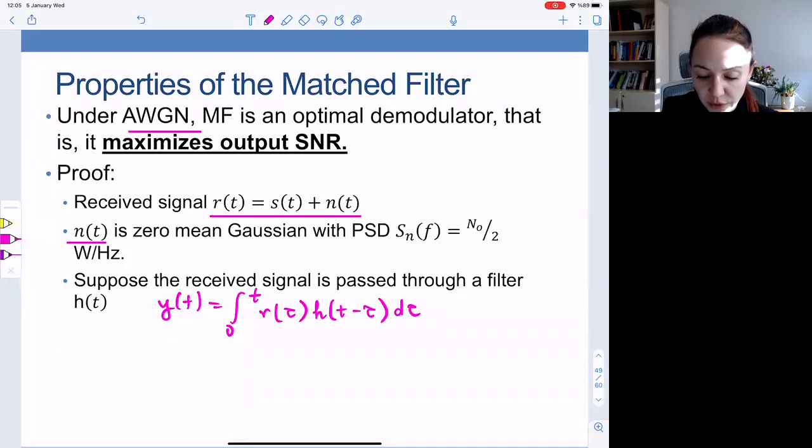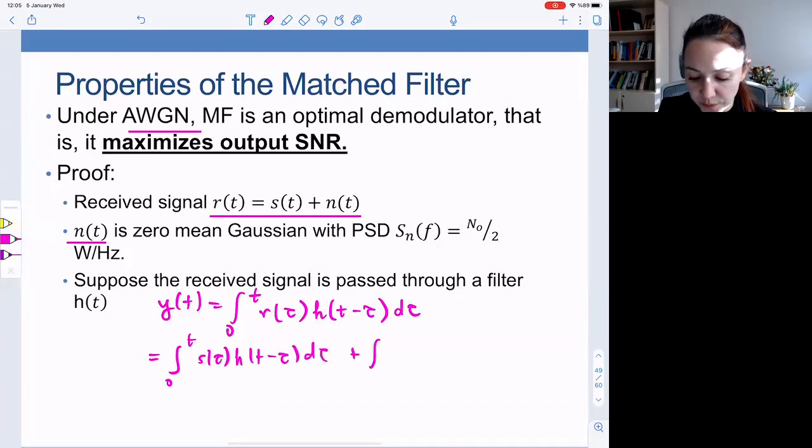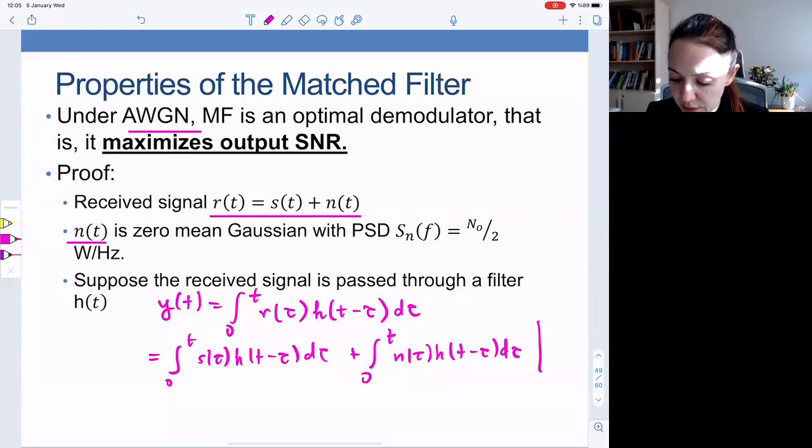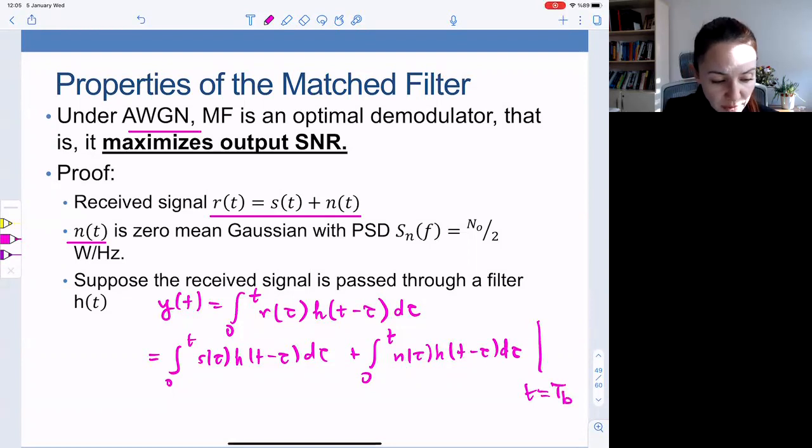But we can write this convolution in terms of the two components, the signal component and the noise component: the integral of s of tau h of t minus tau d tau, plus the integral of n of tau h of t minus tau d tau. And then consider sampling at the instant TB. What do we find?